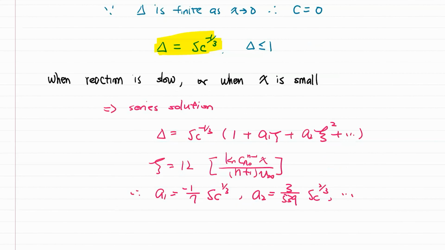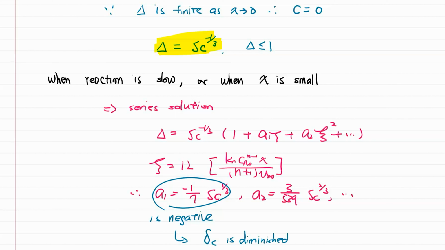A key result here is that because A1 is negative, the diffusional boundary layer is diminished by the chemical reaction.